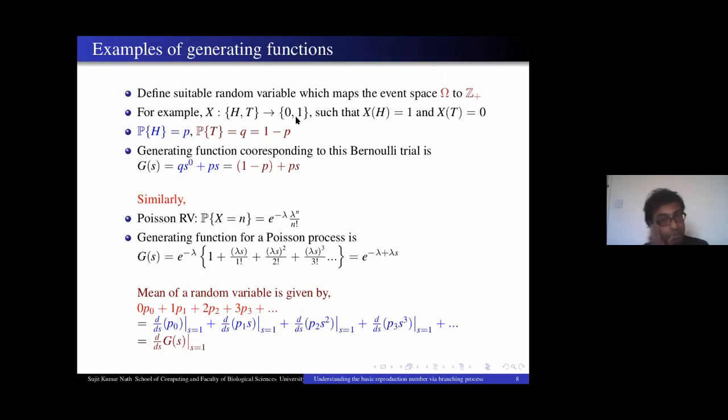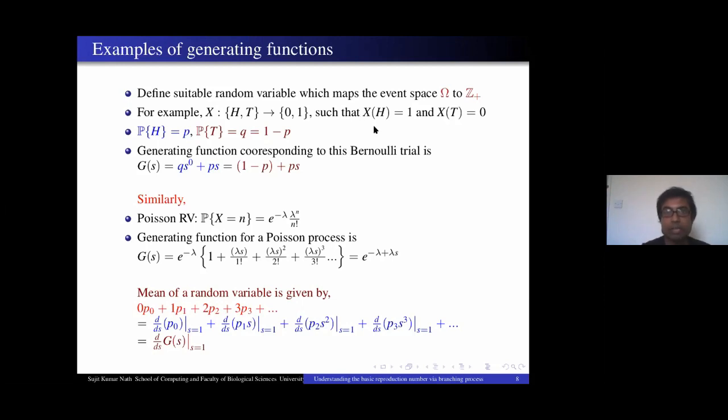It can be discrete or it can be continuum, but it is basically a measurable function. Forget about measurable, it is just a nicely behaved function from the probability space to the set of all real numbers. For example, we are considering a coin toss, so there are two possibilities, head or tail.